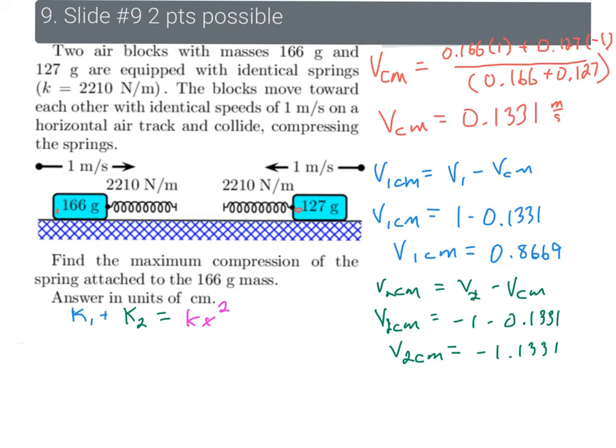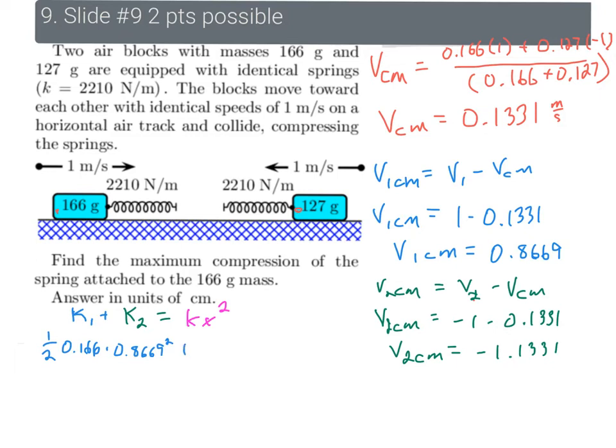So in blue, we have the kinetic energy of mass 1. That's going to be 1/2 times the mass, 0.166, times its velocity, 0.8669, squared.